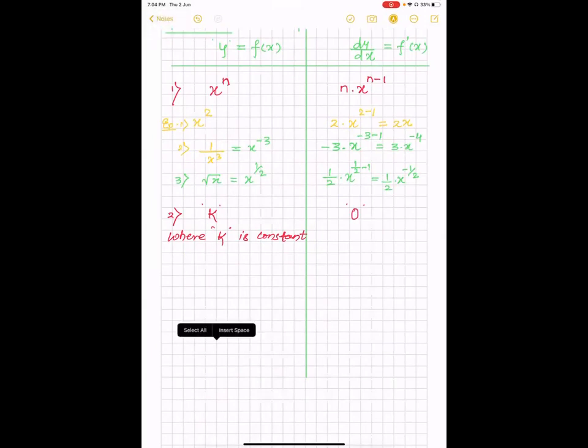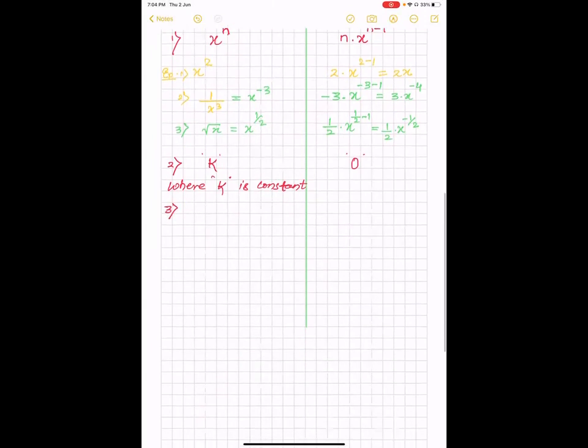Okay, going ahead, writing the next formula. If we have a function, let's take a function called ln x, what is the derivative of ln x? The derivative of ln x is 1 over x. Now here there can be a trap.